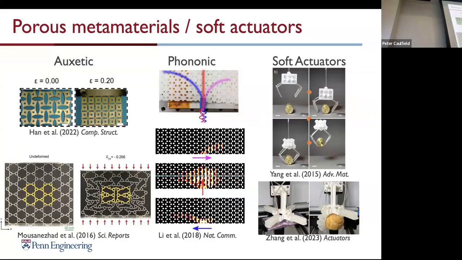You can guide waves in different directions, with band gaps. And another thing, which is really the inspiration for why we're looking at this type of material, is as soft actuators. So people have taken rubber, you put some cavities in it, you control the pressure in those cavities, you get some sort of deformation, and then you can use it as, in this case, a gripper or a muscle or something along those lines for robotics applications. So that's why we're interested in these things.